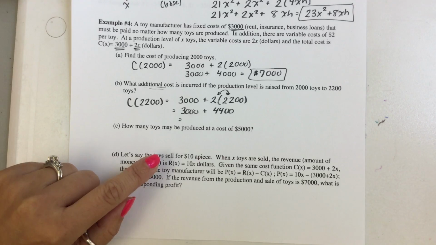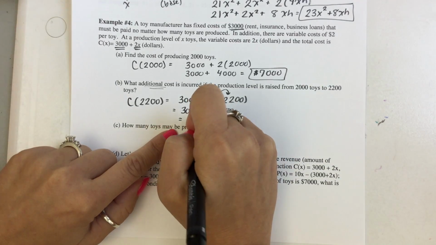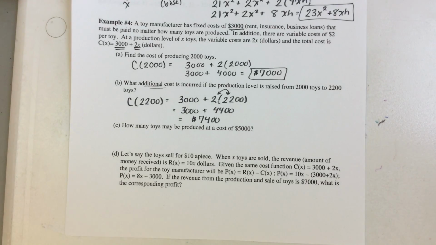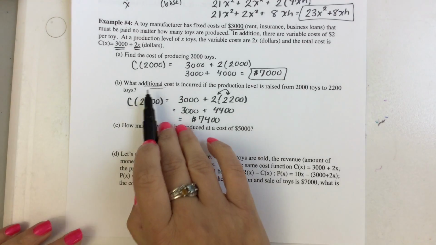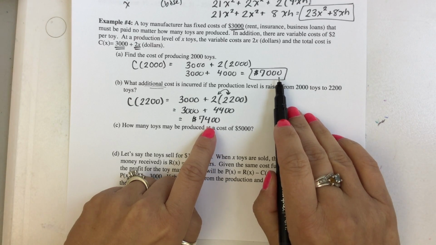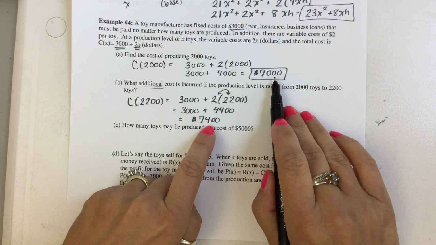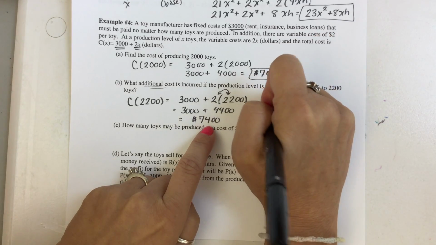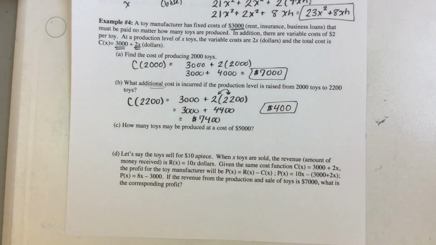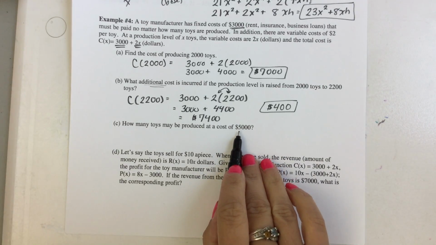If you add 3,000 plus 4,400, we have $7,400. The question is not how much would it cost to produce 2,200 toys. The question is, what is the additional cost? So what you have to ask yourself is, what is the difference between 7,400 and 7,000? The difference is $400.